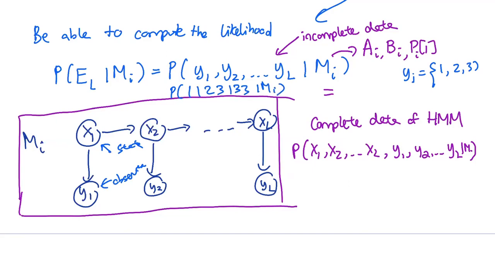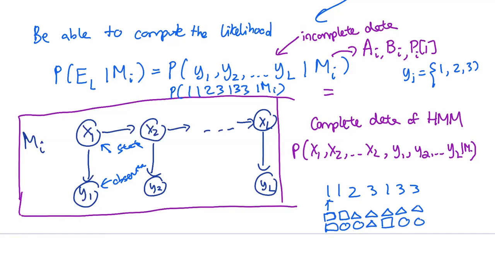But just because I tell you that I observed 1, 1, 2, 3, 1, 3, 3, the states that could have generated this could have been square, square, triangle, triangle, triangle, triangle, triangle, or square, circle, circle, triangle, square, circle, circle, right?